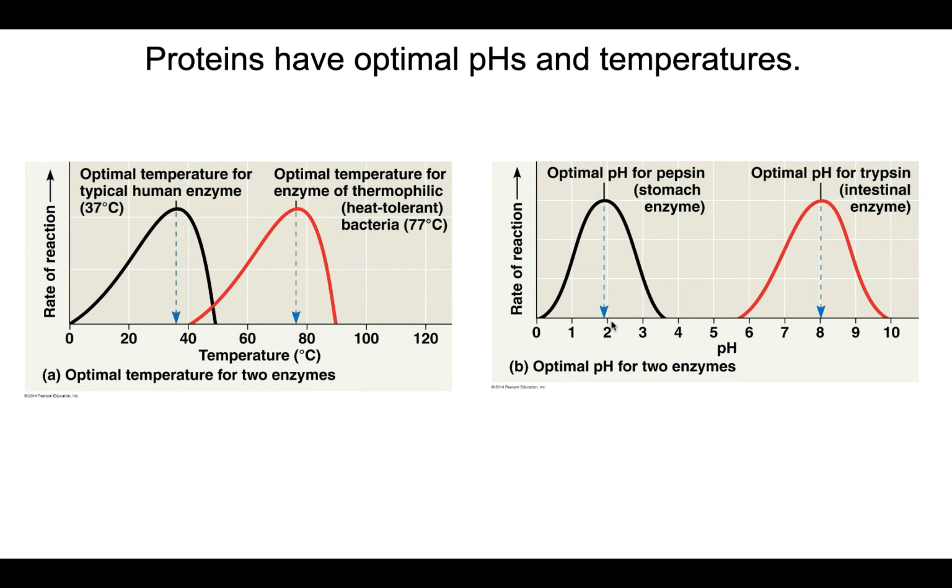If you stray away from those optimal pHs, you are going to denature that protein, and therefore the protein will lose structure and function, and it will no longer be able to catalyze that reaction anymore.